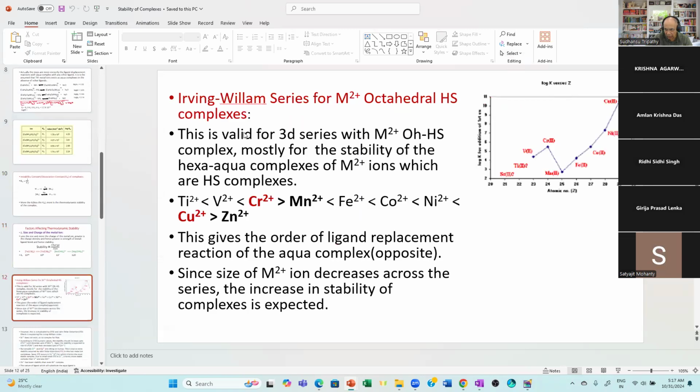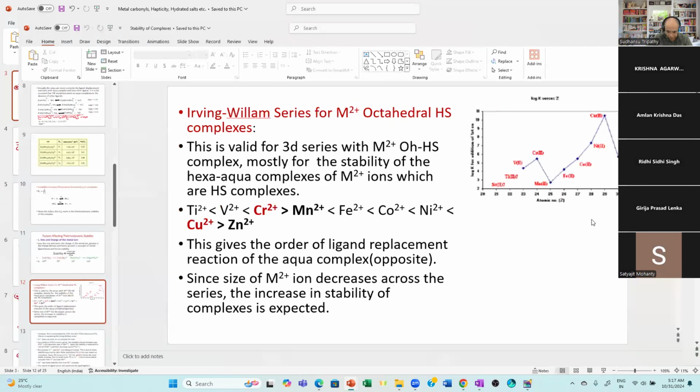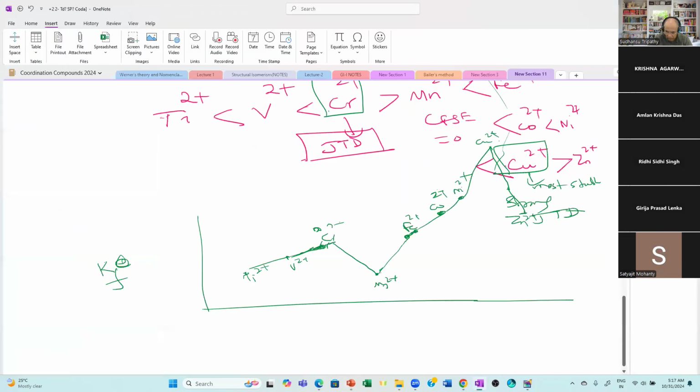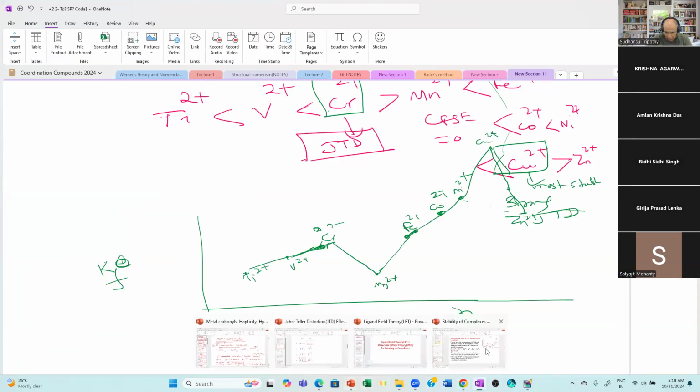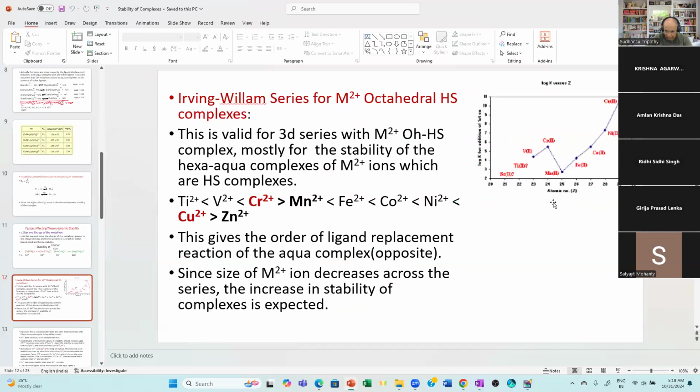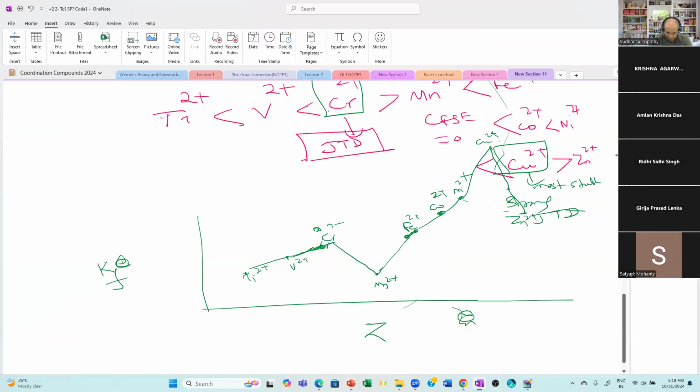Zinc is below nickel. This is atomic number, and this is log of formation constant, log Kf.